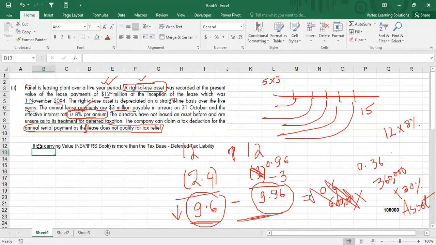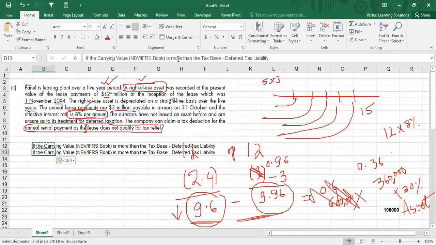You have to remember this rule. First you remember and then we will learn. And the opposite of that: if the carrying value is less than the tax base, you have a deferred tax asset. So I am just writing it down so that we know what the rule is. In our case, the IFRS carrying value is less, and therefore we have a deferred tax asset.